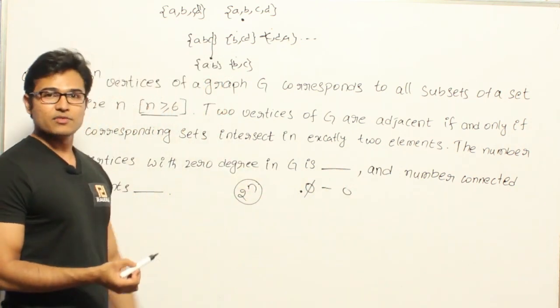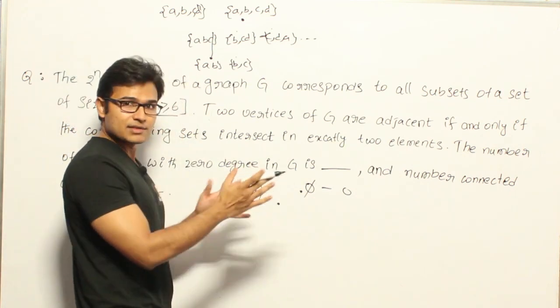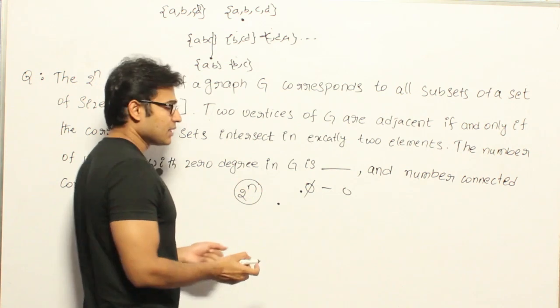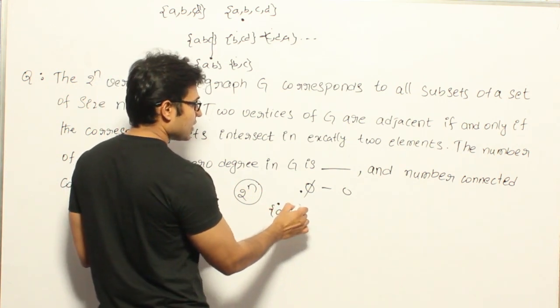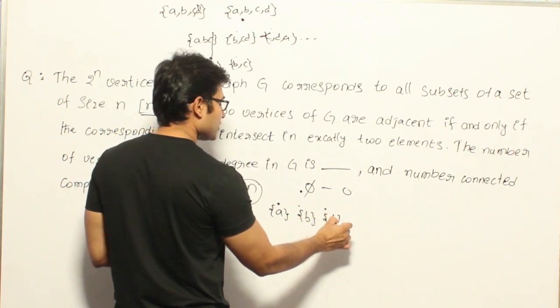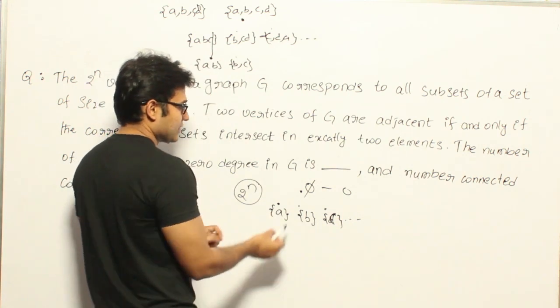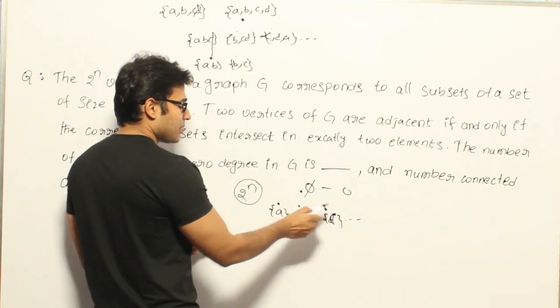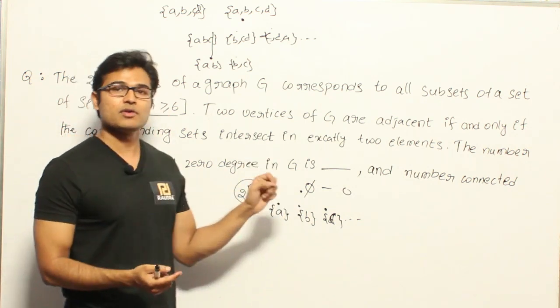Now at the second level, I am classifying the vertices depending on the cardinality. The vertices will contain single elements, which means A, B, C, and so on. If you take the intersection between these vertices and any other set, you are never going to get 2 elements.